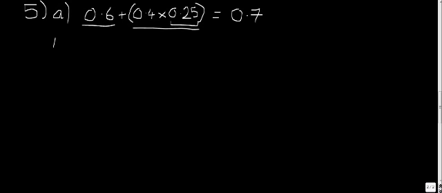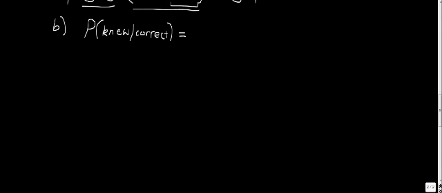Part B, given that Jack gave the correct answer to a question, find the probability he knew the correct answer. So we're trying to find the probability he knew the answer, given that he gave the correct answer. Well, we can again think of this in a Venn diagram, so let's draw another one of those, in purple this time.